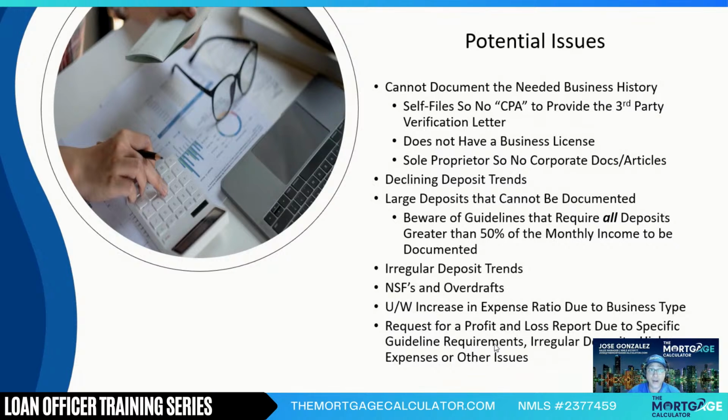When you're in that scenario, the best and most secure way is with the third party verification letter from the professional, right? If not, it may be tough. I had one where he owned a convenience store, self filed, and didn't have the docs for the 2 years on the operating agreement, all that kind of stuff.